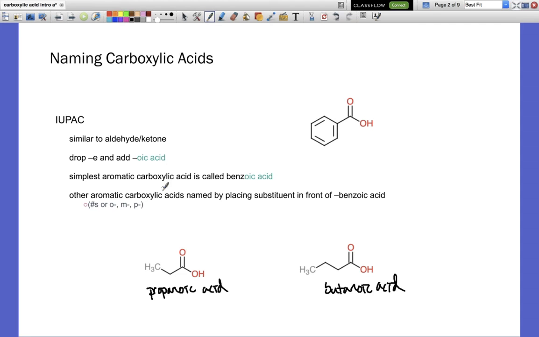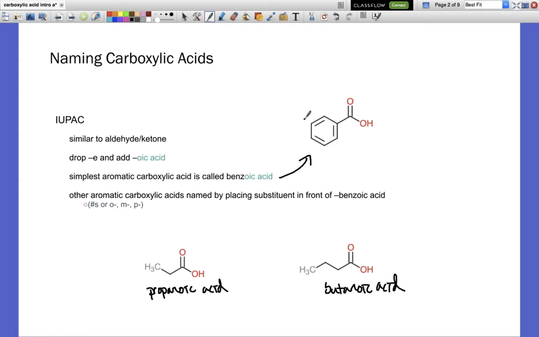You also could have aromatic versions, right? Like this one above. It would be called benzoic acid. So when you see that, you should know what to call it, right? It's what you get when you oxidize that benzaldehyde we talked about. So now it's just called benzoic acid. You can add substituents to any of these things, which follows normal rules, right?